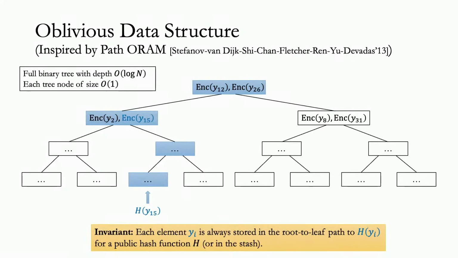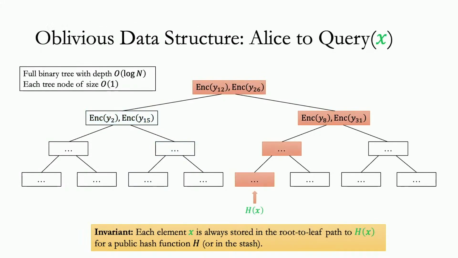For example, for y15, let's say h of y15 is this root-to-leaf path, then throughout the entire protocol, y15 must be stored along this path, either here or here or here or here, somewhere. If we have this guarantee, then it's very easy for Alice to query for element x, because she can simply compute h of x to identify a root-to-leaf path, and if x is in the database, then it must be somewhere here.